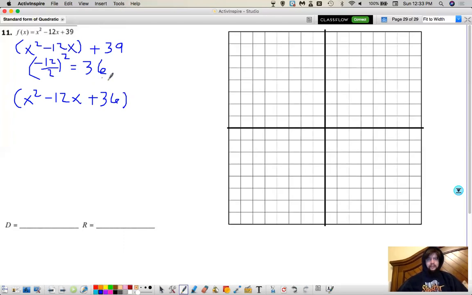So I added 36 on the inside. That's 1 times 36, so that's subtracting 36 on the outside. Factor that nicely. X minus 6 squared plus 39 minus 36 is 3. And there we go.